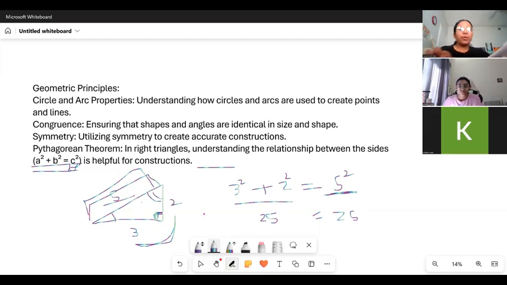Oh wait, this is a 3, 4, 5 triangle. Sorry about that mistake, but it's a 3, 4, 5 triangle. And basically, if you add these two squared and then you have 5 squared, it will give you the same answer. So it's 25 equals 25.